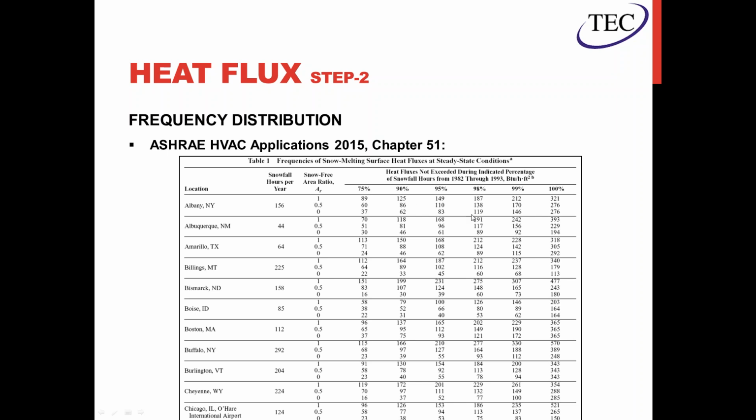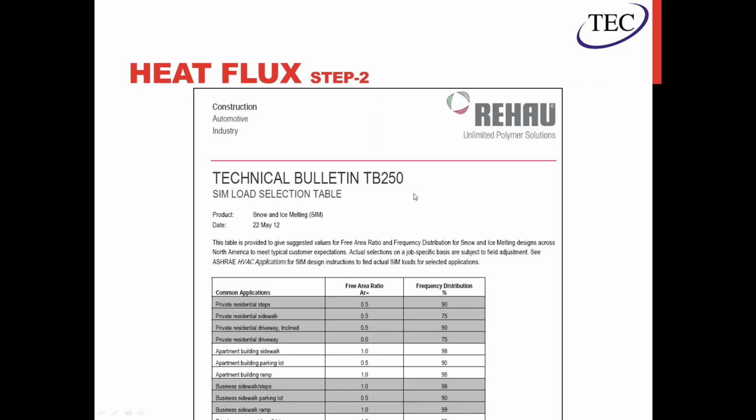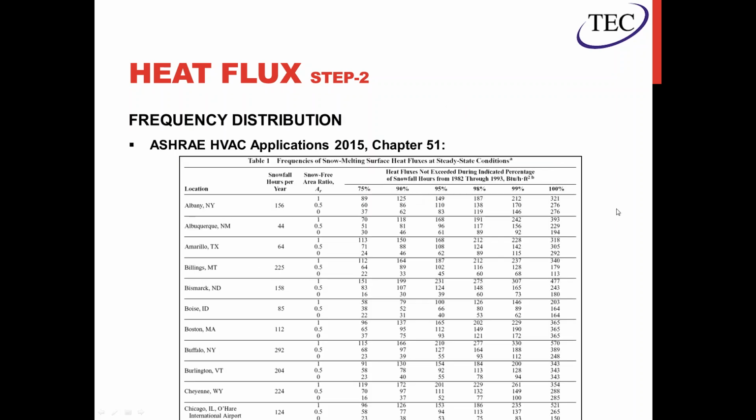Now, if you notice, if you go to, let's say 98% and 0 snow-free area, that's at 119. So if you designed your system for 125, oh, I'm sorry, let me go back to the correct chart here. Your snow system is still going to have a lot more coverage, just it'll be allowing enough snow to accumulate, if that makes sense.